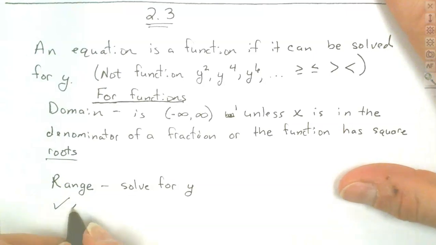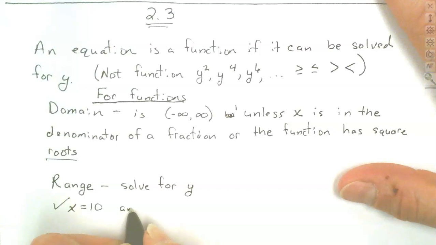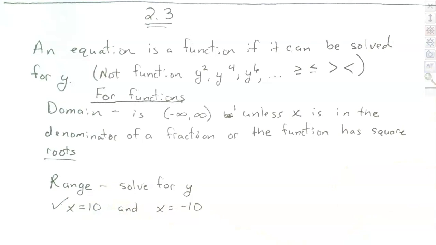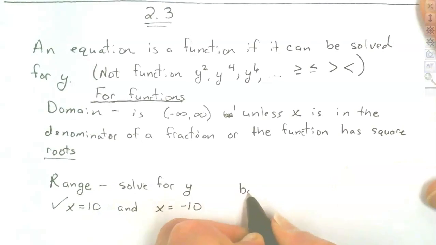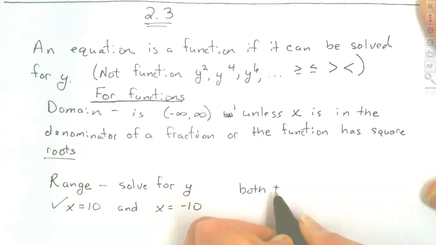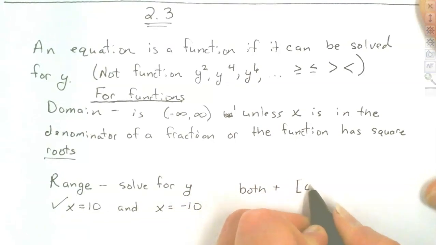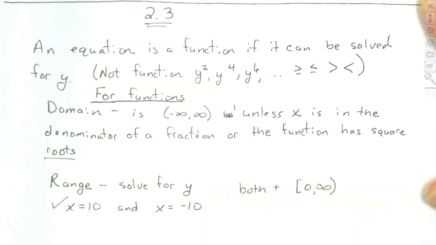And then you check x equals 10. And you also check x equals a negative 10. And you see what those values are. And if both are positive, then what you have is 0 to infinity.